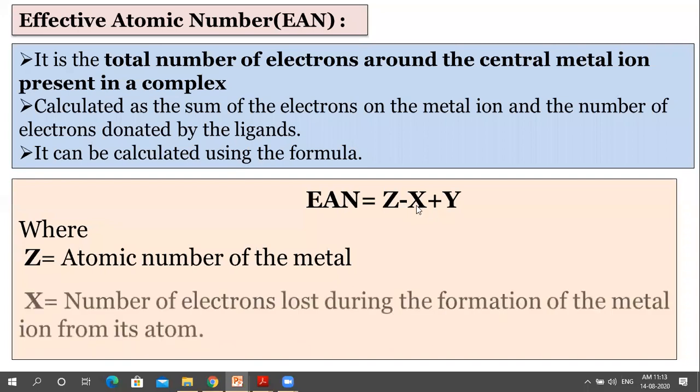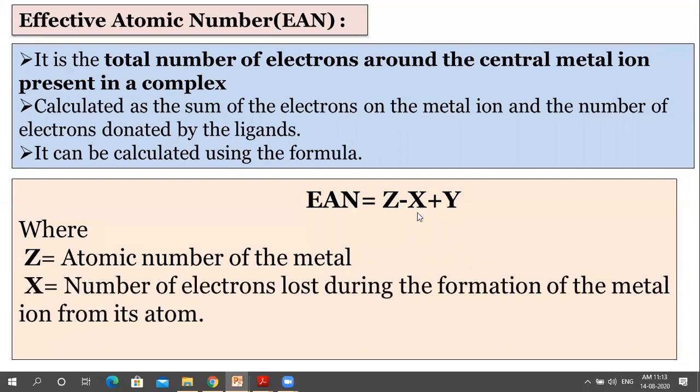Now I will explain what is meant by X. X is the number of electrons lost during the formation of the metal ion from its atom.